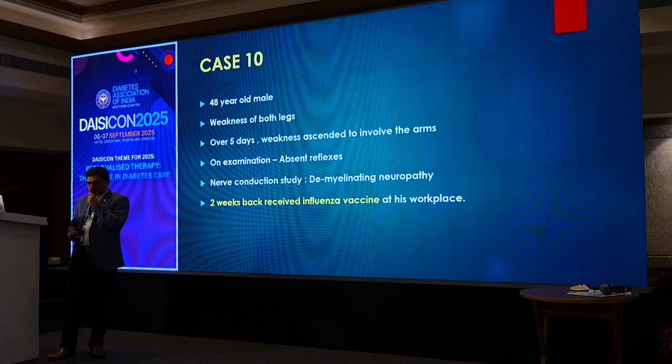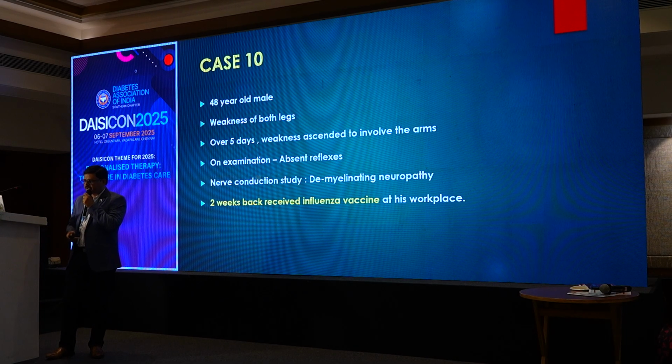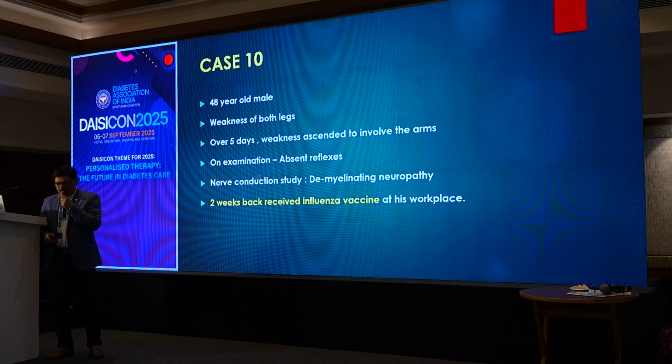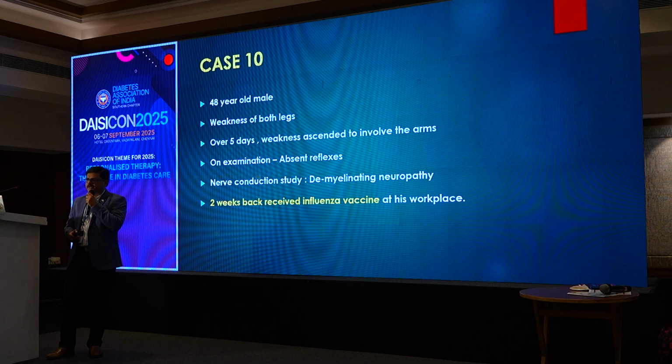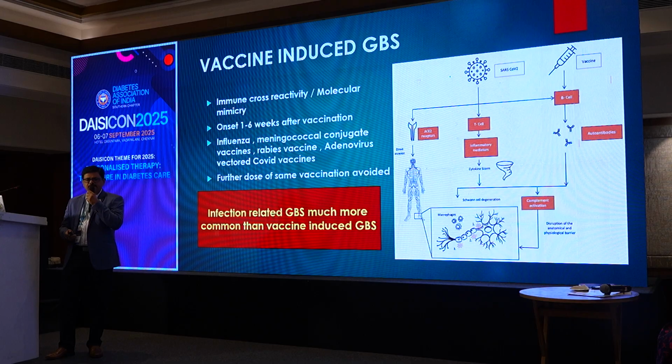So this is another case, a 48-year-old male with weakness of both limbs over 5 days, and the weakness ascends to involve the arms. On examination, there are absent reflexes and NCS shows demyelinating neuropathy. There is a history that 2 weeks back he received the influenza vaccine. Yes, the diagnosis is vaccine-induced GBS.